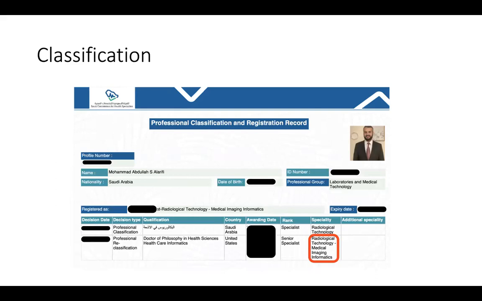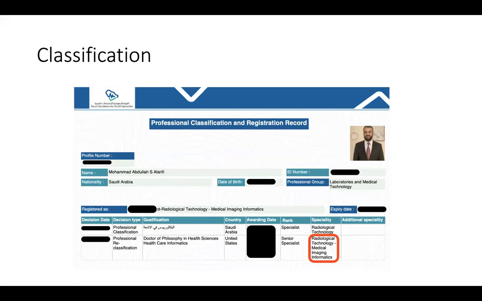classification letter here, which is private, and I'm sharing some of my privacy with you, which is okay now. The reason is that I want to show you that after you get a master's degree in health informatics, you will be classified by the Saudi Commission for Health Specialties. You will still be classified under radiological technology / medical imaging informatics.